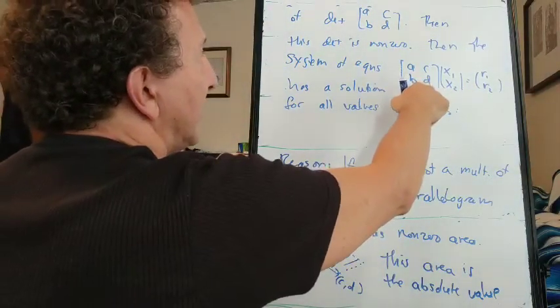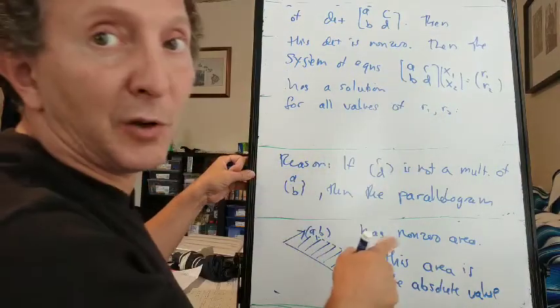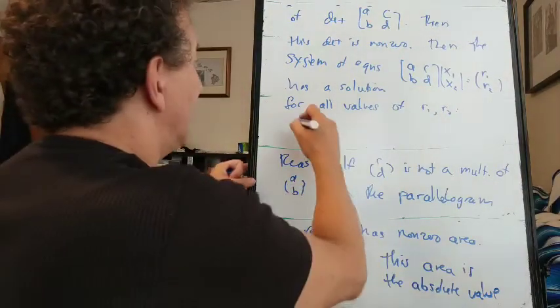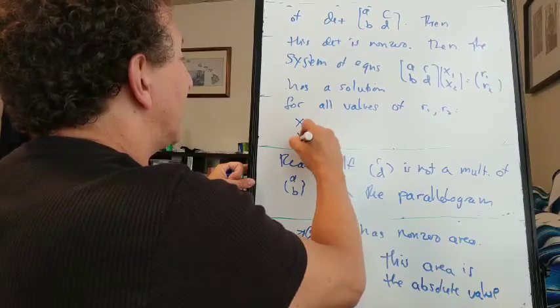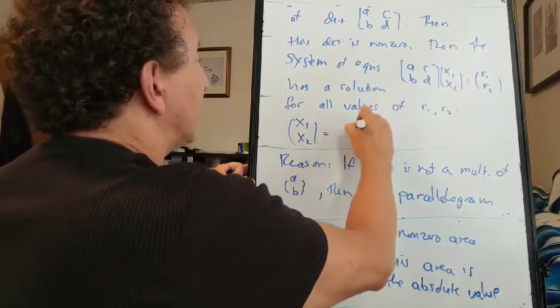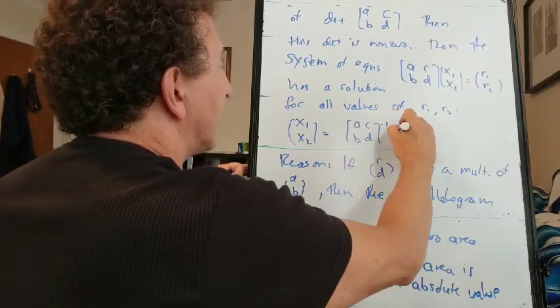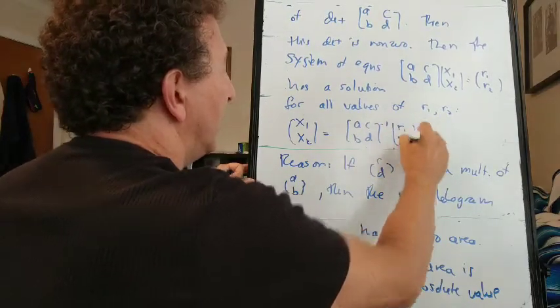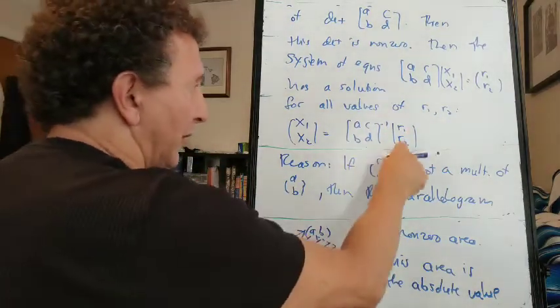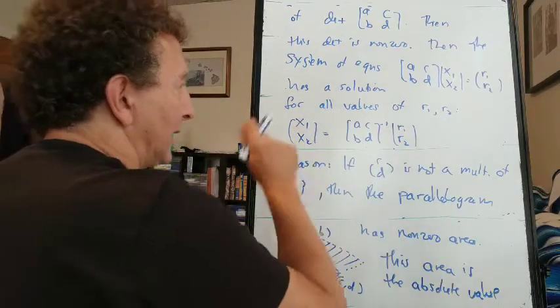So if this has a determinant that's not zero, that means we can invert that matrix. And the solution is (x1, x2) equals the inverse of (a, c; b, d) times (r1, r2). So no matter what numbers we plug in for r1, r2, we can solve for x1 and x2.